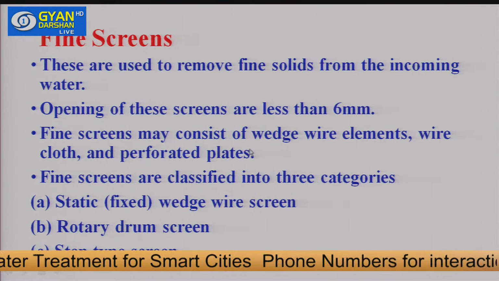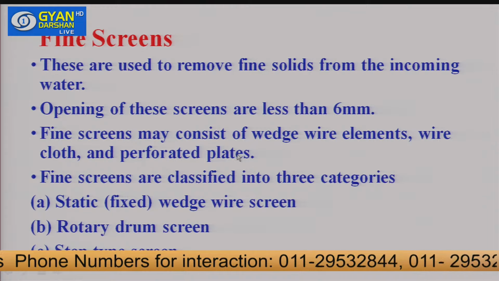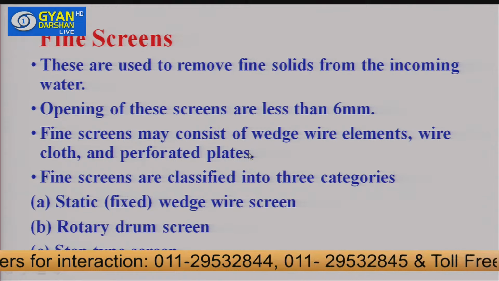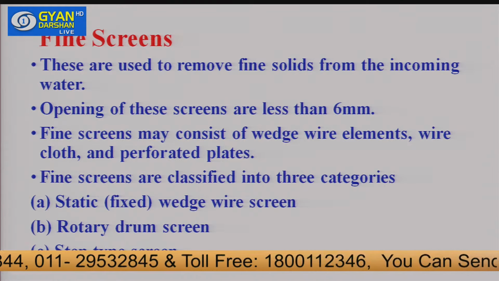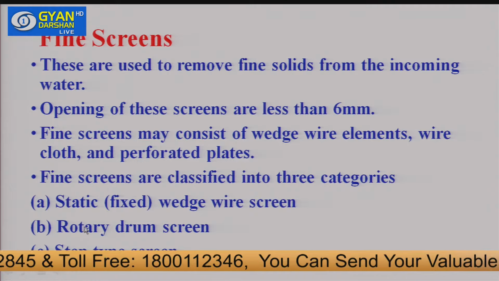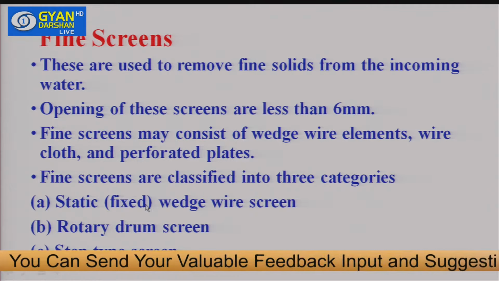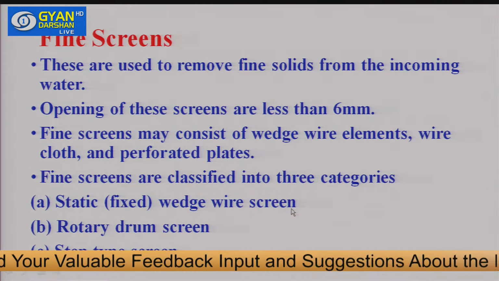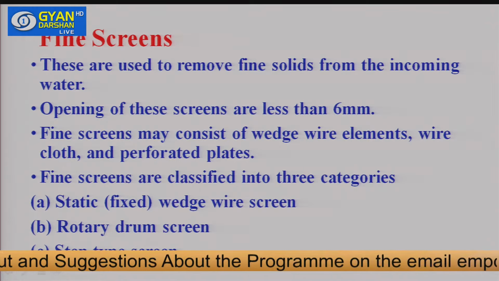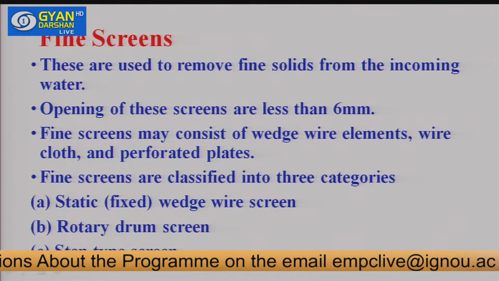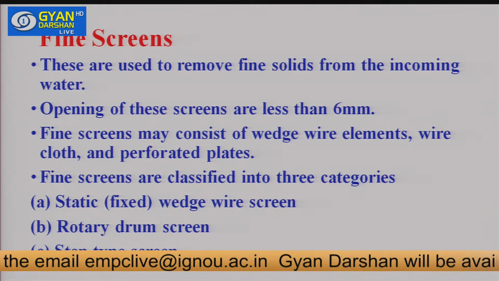Fine screens may consist of wedge wire elements, wire cloth, and perforated plates. This is the media used for fine screens. Based on their functioning, fine screens are classified into three categories: static or fixed wedge wire screen, rotating drum screen, and step type screens.